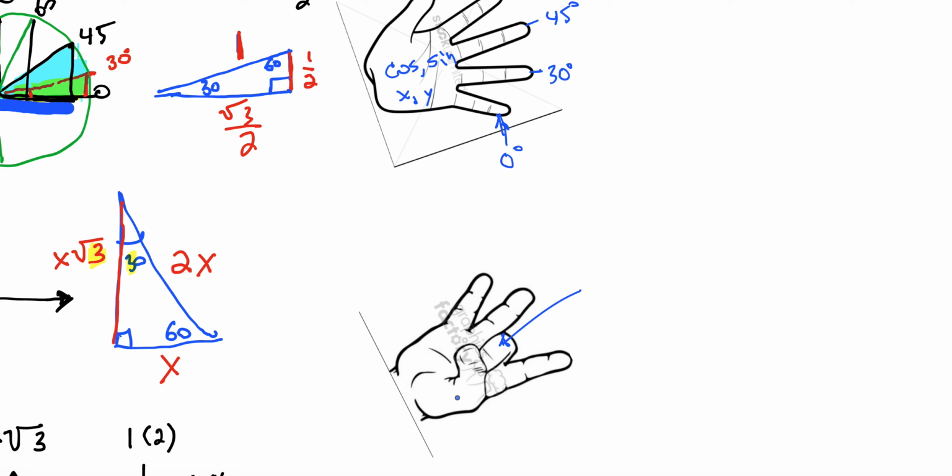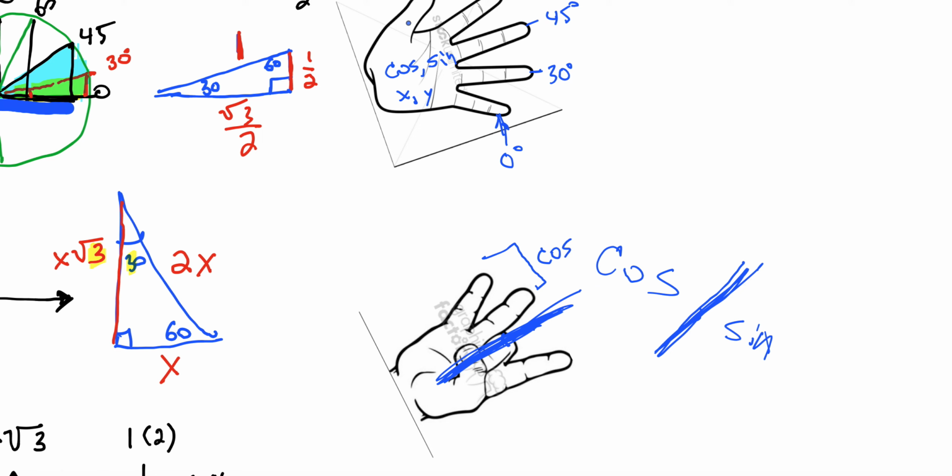You see how I wrote it like cosine, comma, sine? Anything above the pull down finger is cosine. Anything below the pull down is sine. So that's cosine and that's sine.